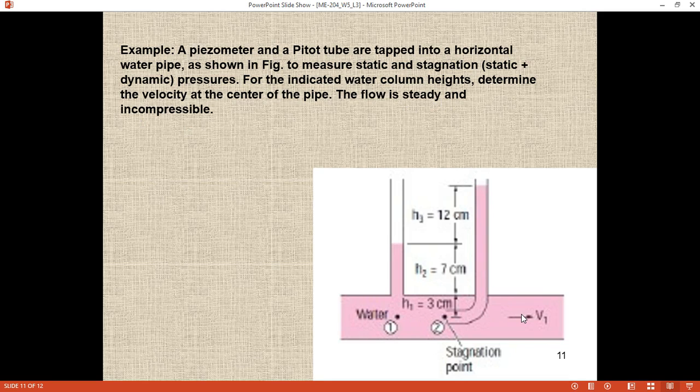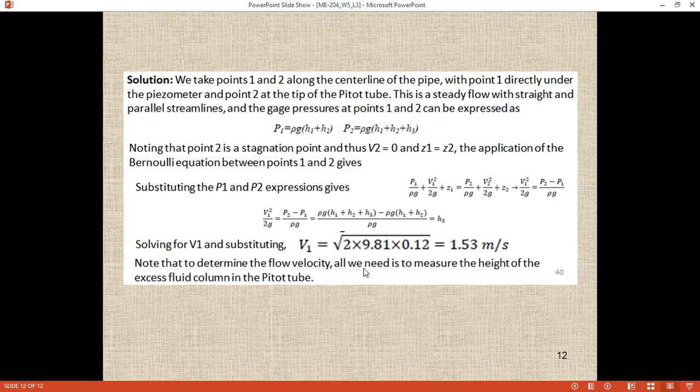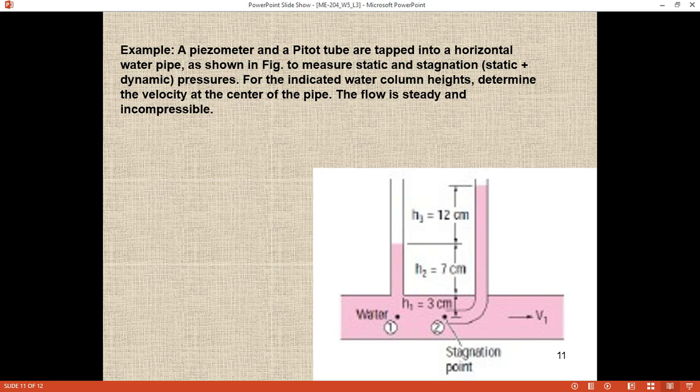The velocity of the fluid is related to the stagnation pressure. We know that the stagnation pressure is equal to the static pressure plus the dynamic pressure. So what is the pressure here? This height of the column will give you the static pressure, and this height of the column will give you the stagnation pressure.